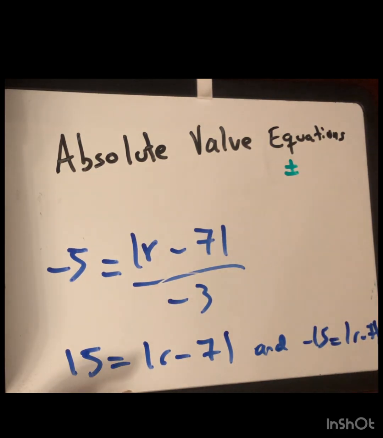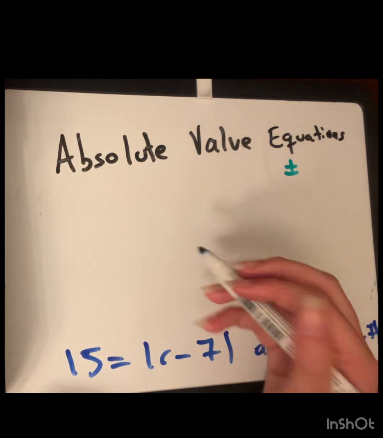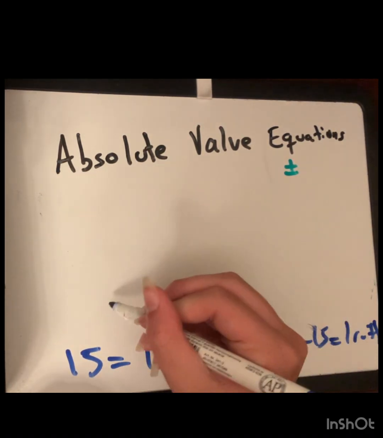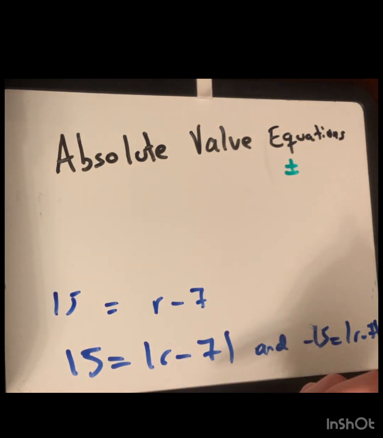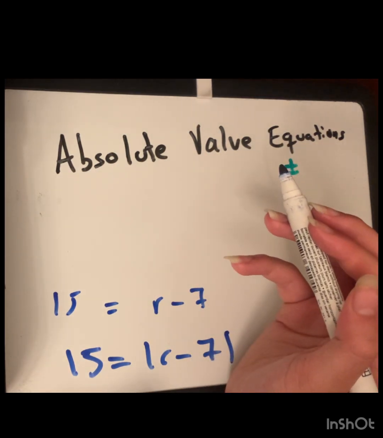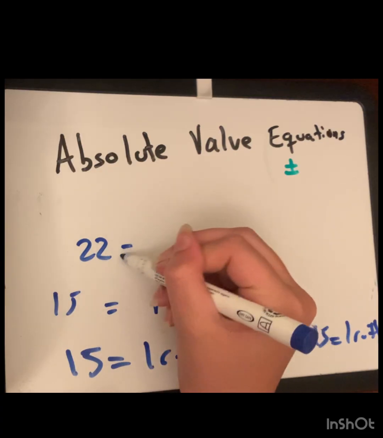And then you would just solve as usual, and move the 7 to the other side. So it would go adding: 15 plus 7 is, ooh, it's not 20, it's 22. So 22 equals r.